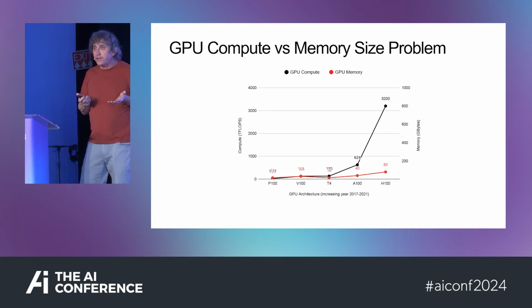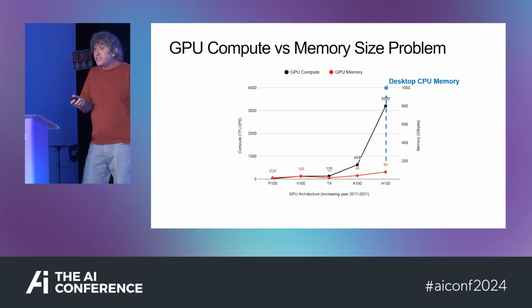What is it that's happening? Well, NVIDIA's done an amazing job of pushing forward the compute on a GPU. You can see the black line. We're at thousands and thousands of teraflops, but the memory, the red line, hasn't really moved enough.